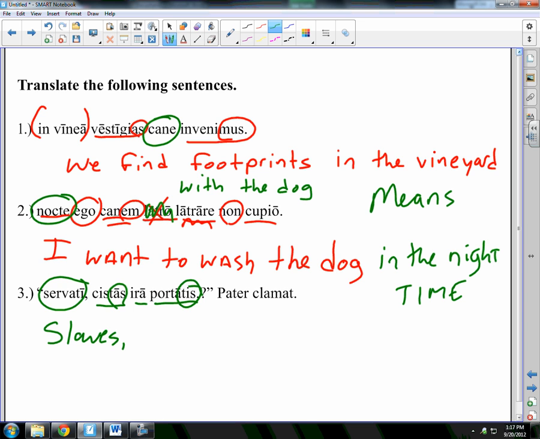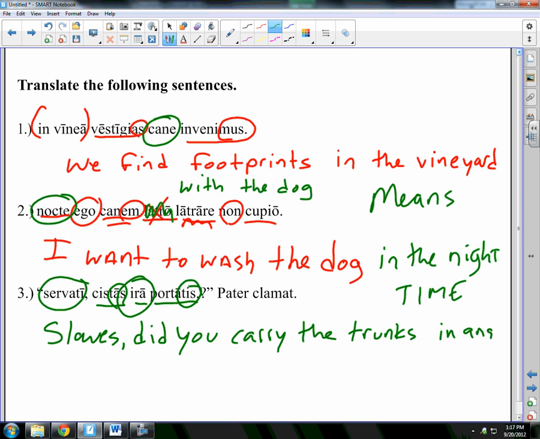And then it's a question, so did you carry the trunks, and then in anger is going to be our ablative of manner. And then, of course, we'll finish that up with father shouts.